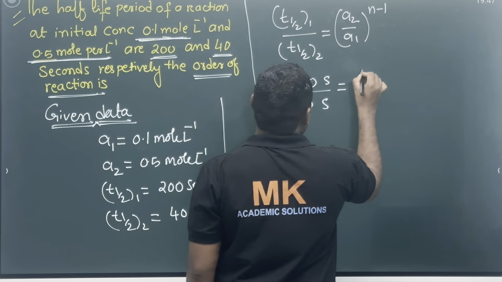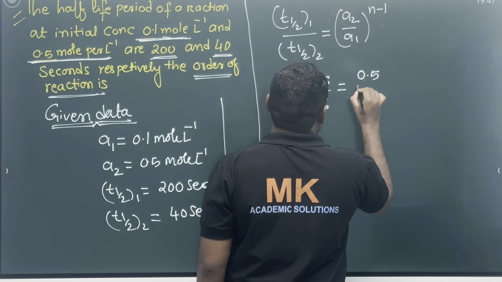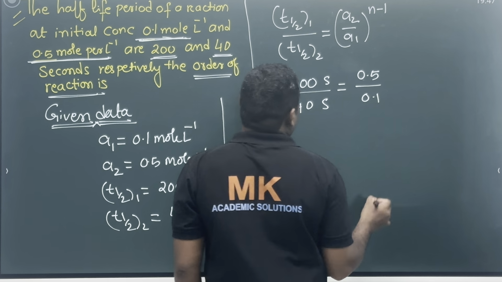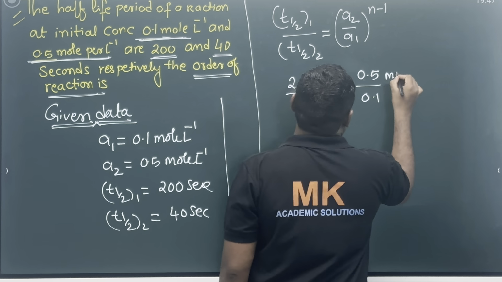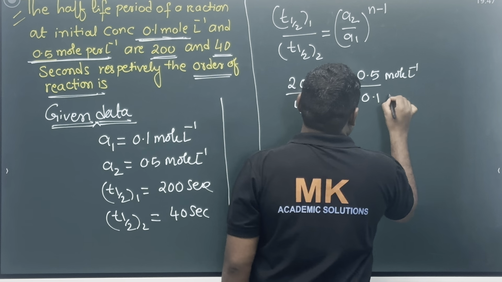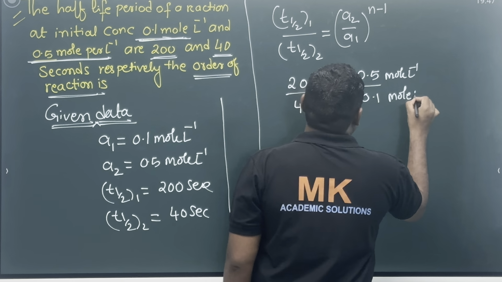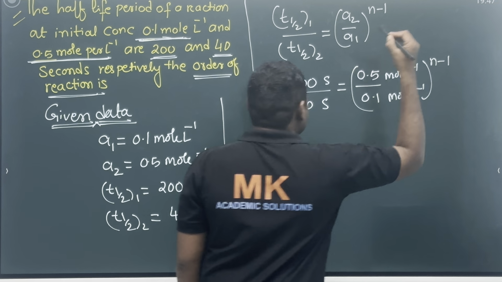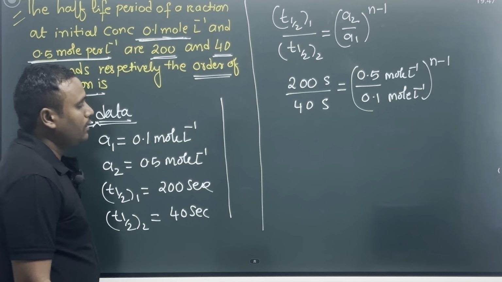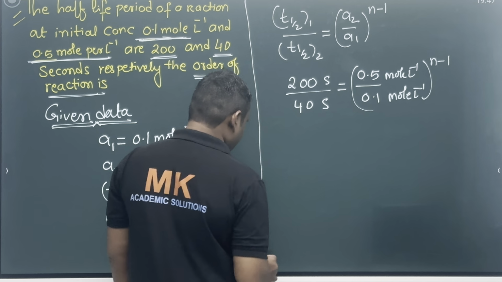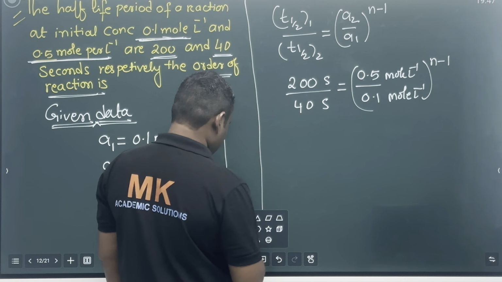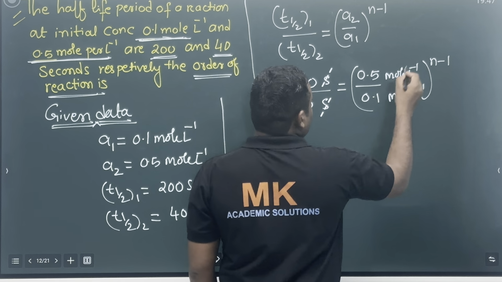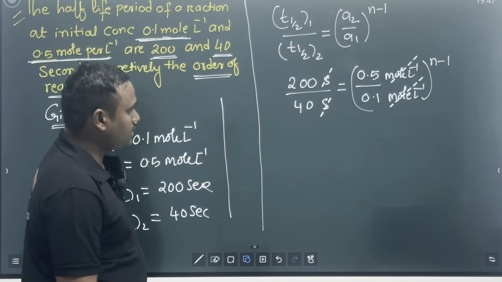What is A2? 0.5, and A1 is 0.1 moles per liter, whole power n minus 1. Okay, so now second will get cancelled out. Moles per liter will get cancelled out.